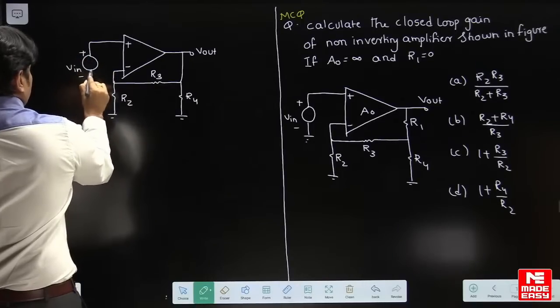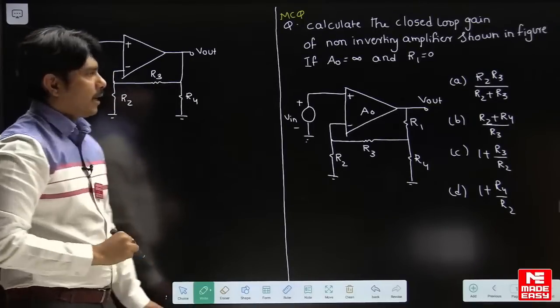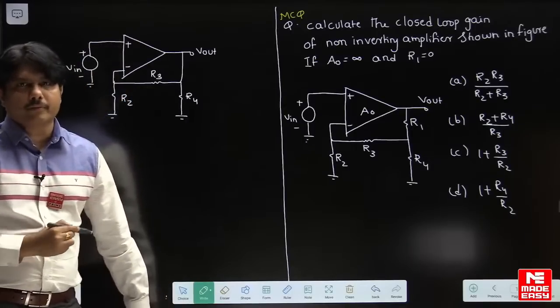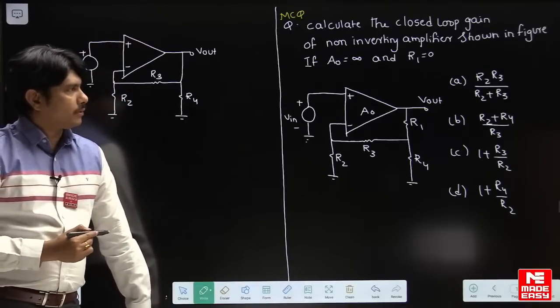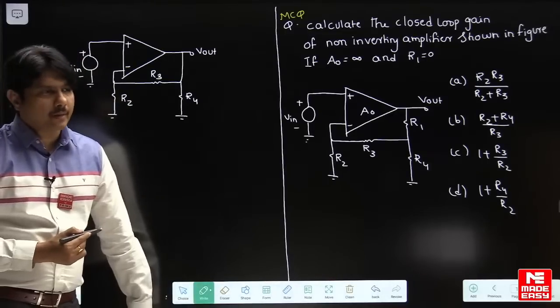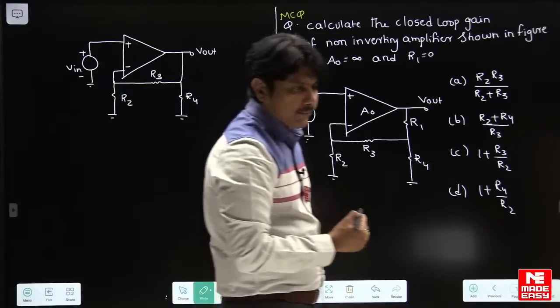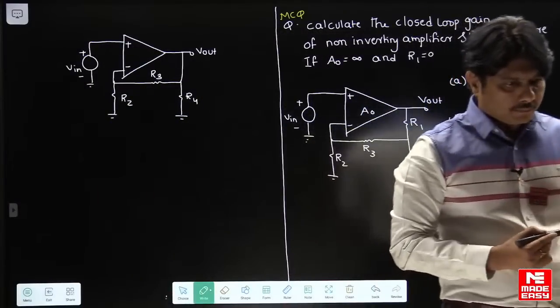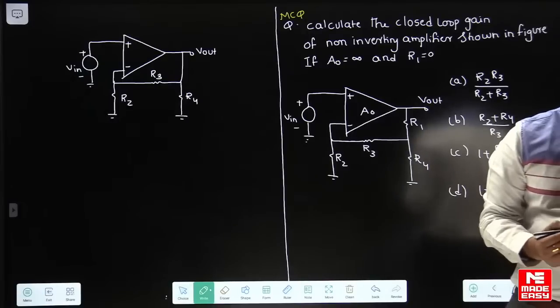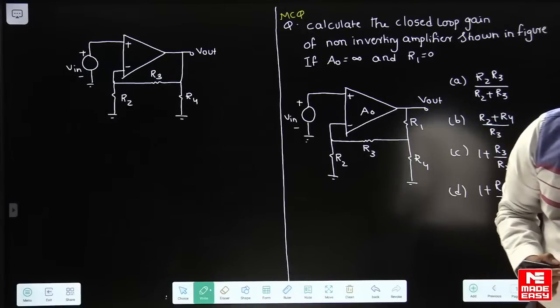The circuit looks like this. If I make R1 equal to 0, the problem looks like this. So you can catch the answer for this. Meanwhile, you can analyze the answer for this question. What will be the option for this? Please try to find out the answer for this question.